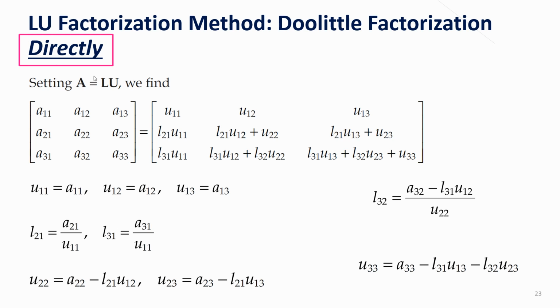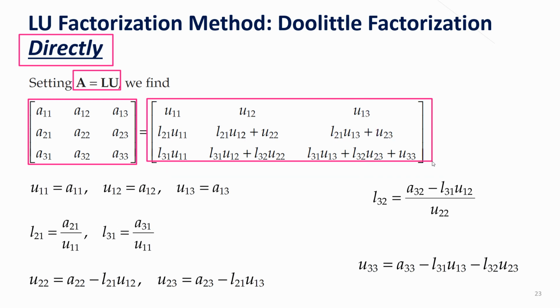So basically, if we have the setting A equals L multiplied by U, so A is this one, L multiplied by U is this one, right? Because L is the lower triangular and the U matrix is the upper triangular.